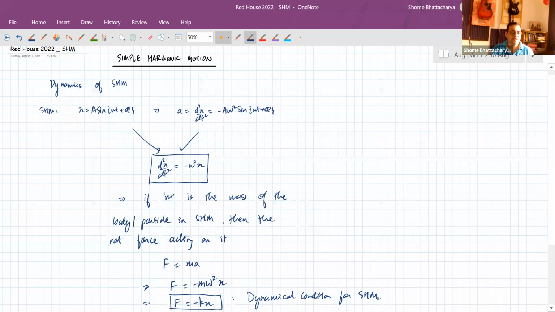Any system that dynamically satisfies this condition, whatever type of force is acting on it, it can be electrostatic, it can be elastic, it can be forces applied by some kind of an external agent artificially creating these forces, but if the force condition satisfies this statement, then by definition that system will be simple harmonic in nature, with x equal to 0 as the stable equilibrium or mean position. So just make a note of this point first, then we'll continue from here.